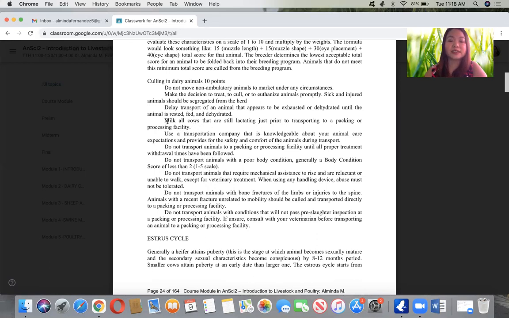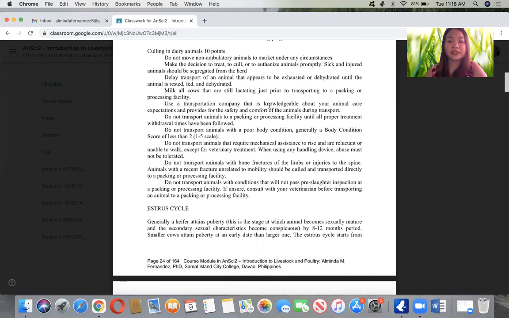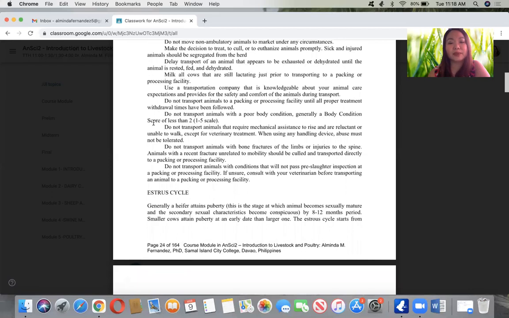Milk all cows that are still lactating just prior to transporting to the packing or processing facility. Use a transportation company that is knowledgeable about your animal care expectations and provides for the safety and comfort of animals during transport. Do not transport animals to a packing or processing facility until all proper treatment withdrawal times have been followed. Do not transport animals with poor body condition, generally a body condition score of less than 1 or 2 on a scale of 1 to 5.